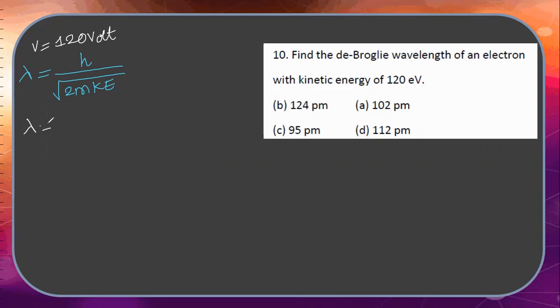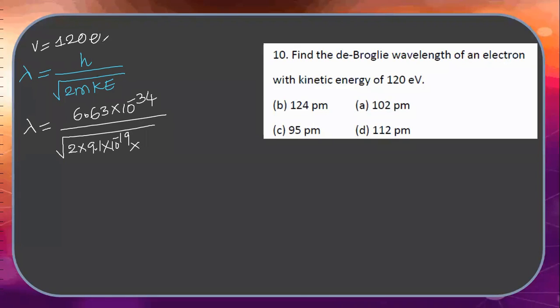Then lambda is equal to h, which is 6.63 into 10 power minus 34, divided by square root of 2 into mass of the electron, 9.1 into 10 power minus 31, into kinetic energy, given as 120 volts, not 120 electron volts.